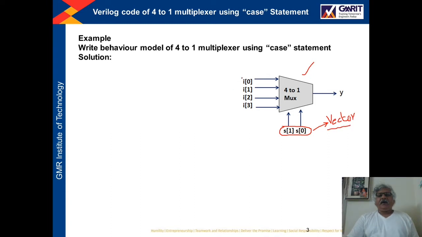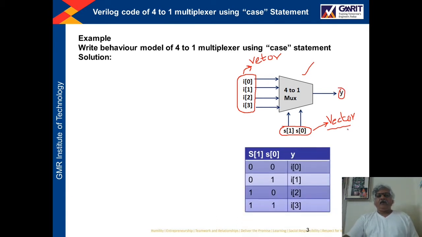And the inputs are I0, I1, I2, I3. These inputs are also in the form of a vector, so we will create a vector for these inputs also. Then there is one output Y.